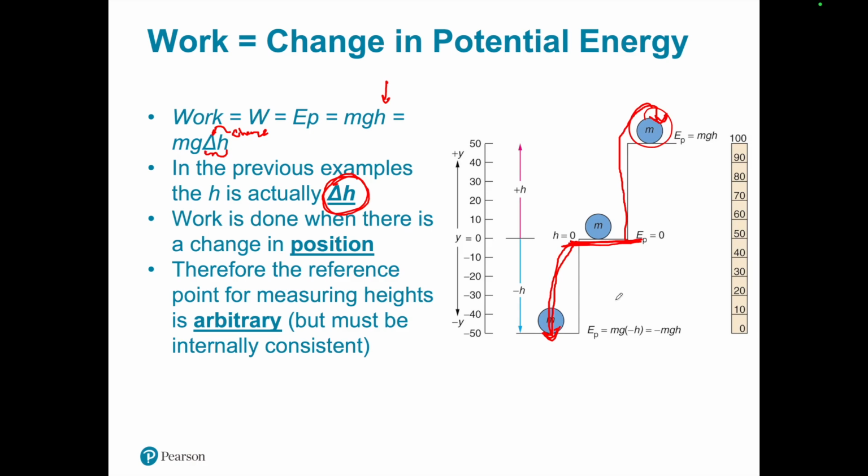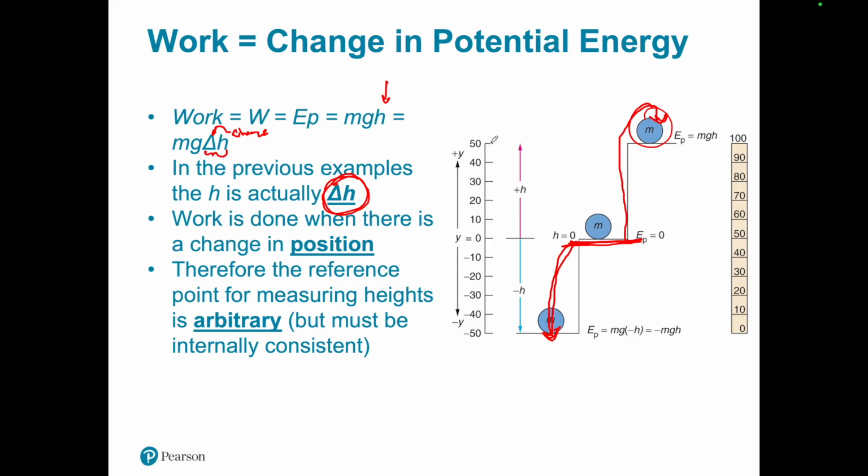You could be on the ground and then fall into a hole, and you would have potential energy before you fell into the hole, or you could be at the top of a mountain and fall, and you'd have a lot of energy at the top of the mountain, but then when you fell, you'd be turning it into kinetic energy. So potential energy really deals with the change in height.